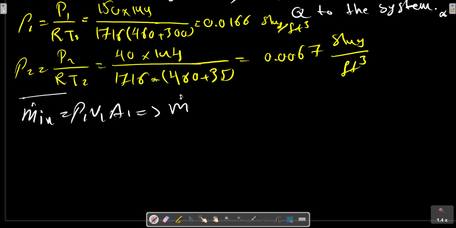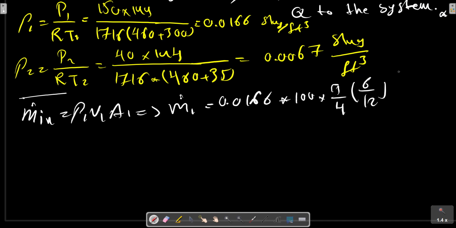So m dot 1 equals the density multiplied by the velocity, which is 100, multiplied by the area, ... slug per second.